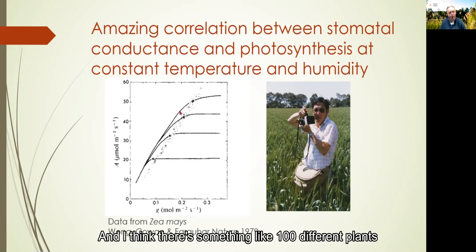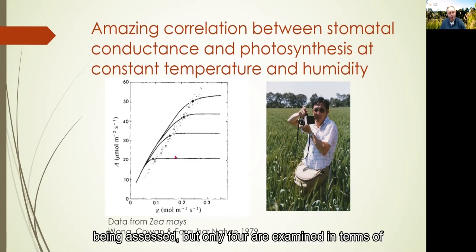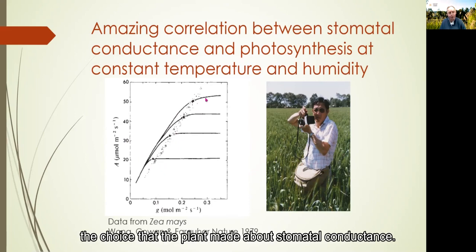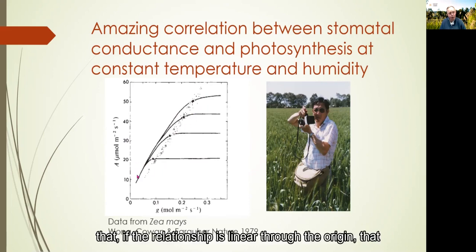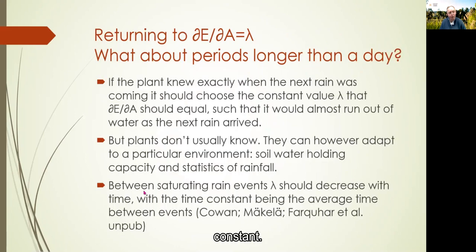I think there's something like 100 different plants being assessed, but only 4 are examined in terms of the choice the plant has made about stomatal conductance. And if the relationship is linear through the origin, it means that the intercellular CO2 concentration is roughly constant.